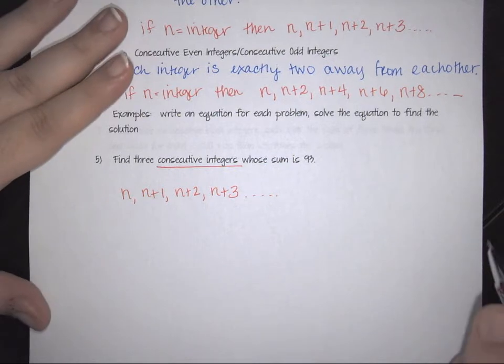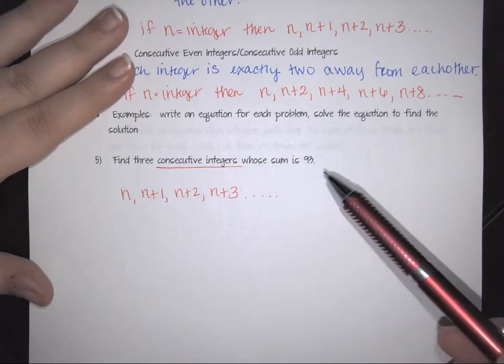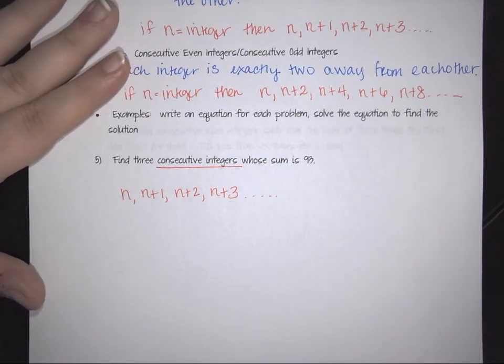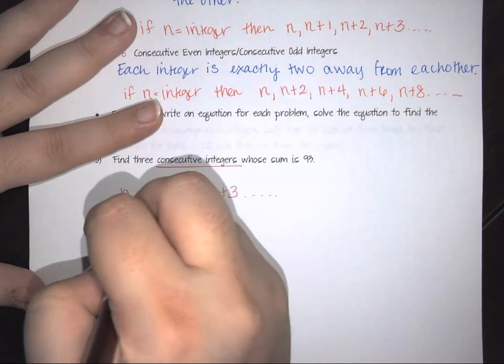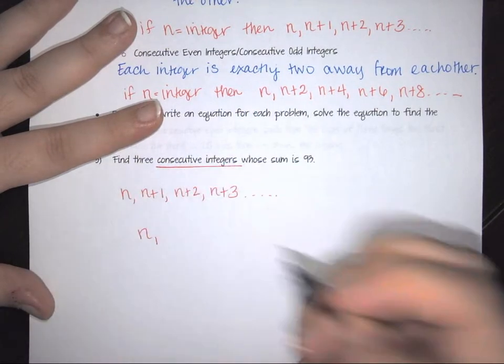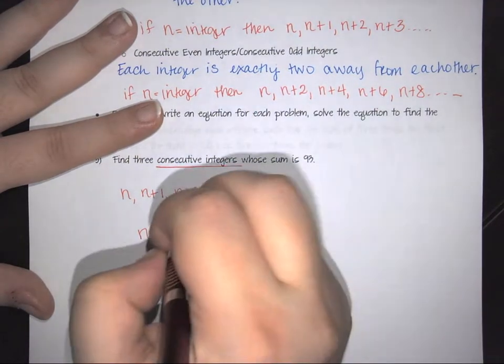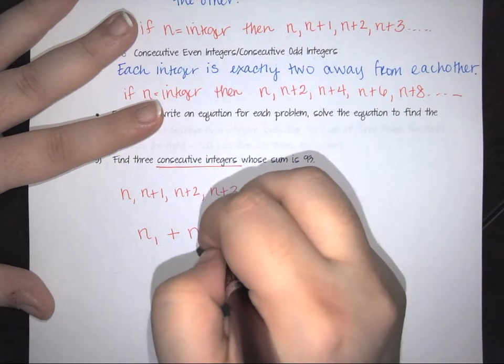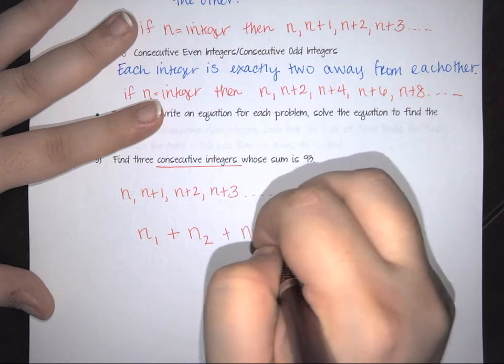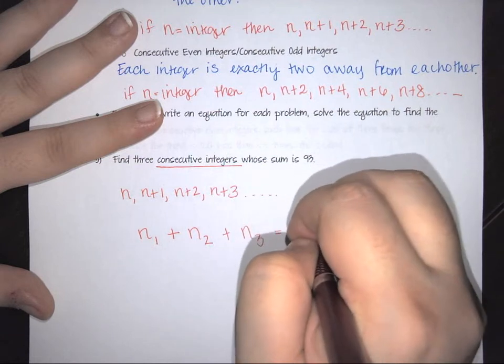Now, with that, we have 3 integers whose sum is going to be 93. So that being said, your first integer plus your second plus your third has to equal 93.